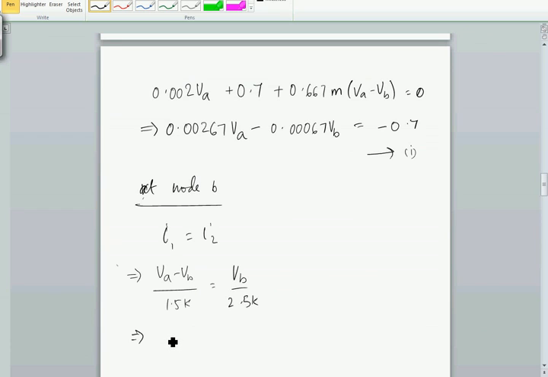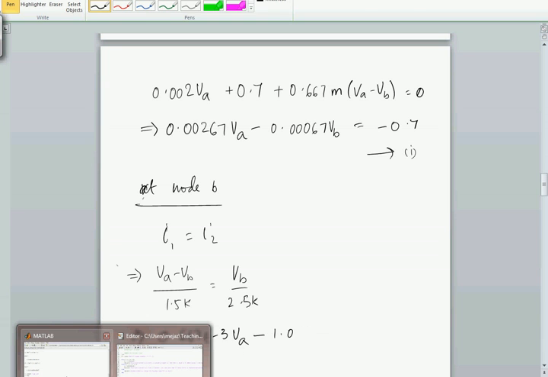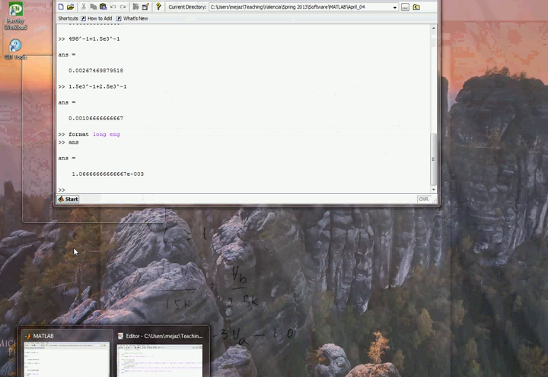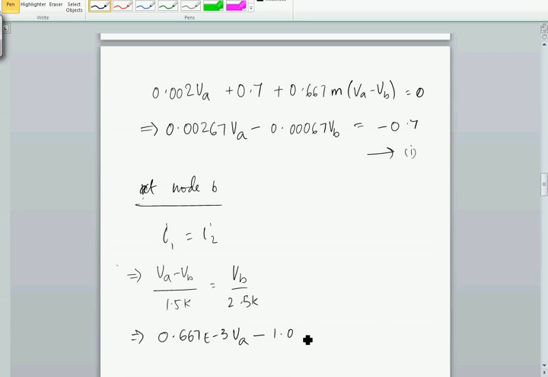So I have 0.667 exponent negative 3 VA minus 1.0667 exponent negative 3 VB is equal to 0. That's my second equation, and let's solve both equations simultaneously.